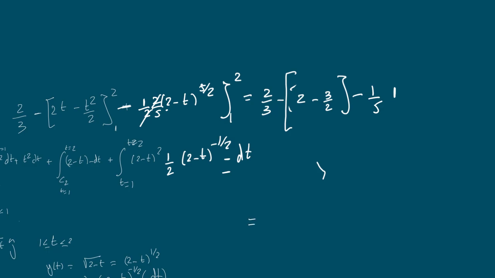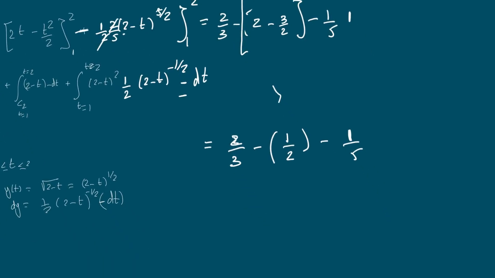So it will be 2/3 minus 2 minus 3/2, which is the same as 4/2 minus 3/2, which is 1/2. Minus 1/5.